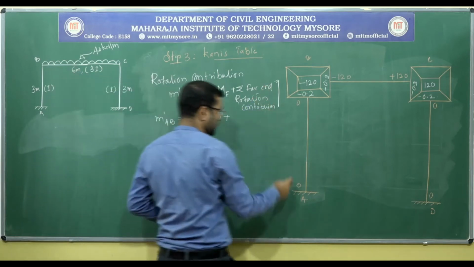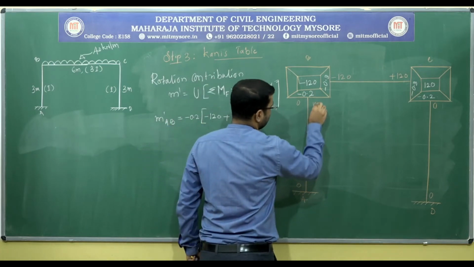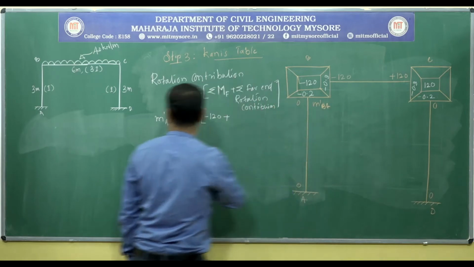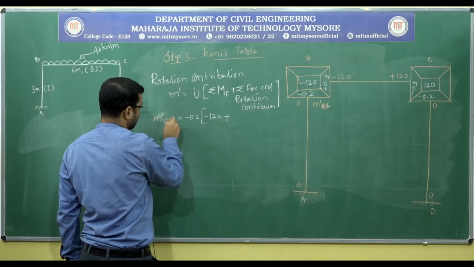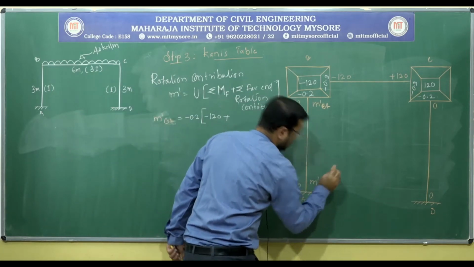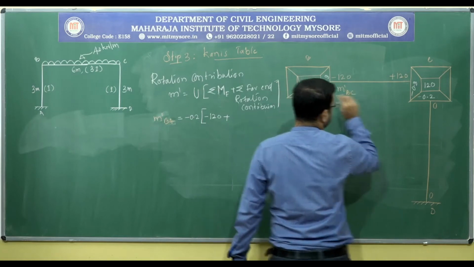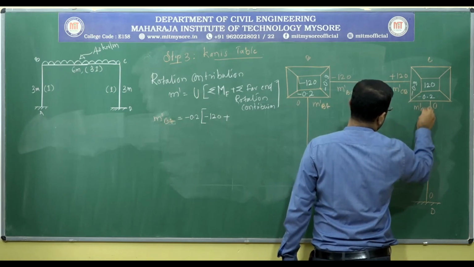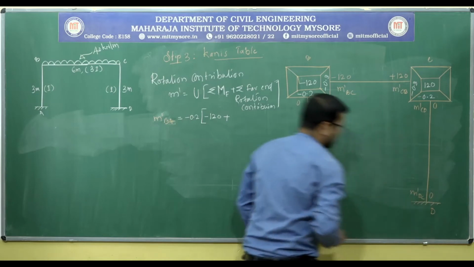For B joint, the far end rotation contributions are m dash BA, sorry, m dash BA, this is m dash AB, this is m dash BC, m dash CB, m dash CD, and m dash DC.